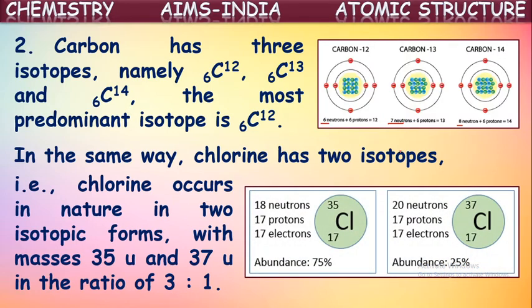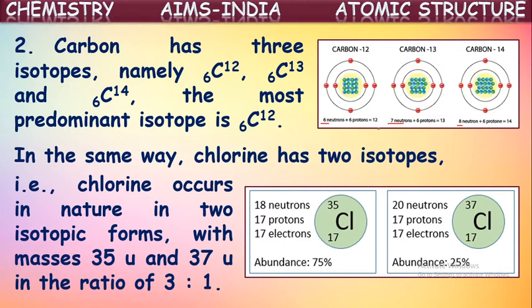One chlorine has mass number 35, whereas the other chlorine has mass number 37. Out of these two, chlorine with mass number 35 is available in the larger quantity. Around 75% is with mass number 35. The remaining 25% of chlorine available in nature is with mass number 37.